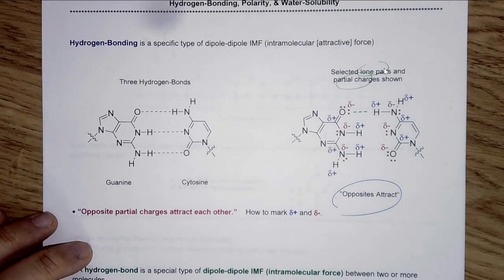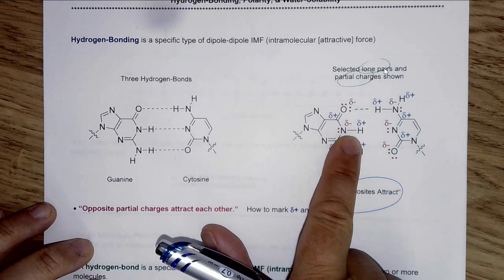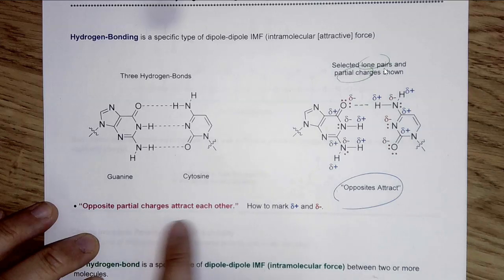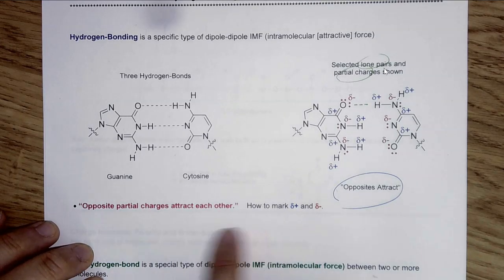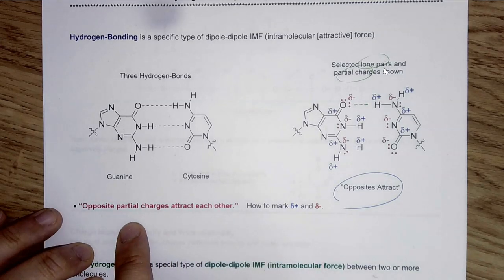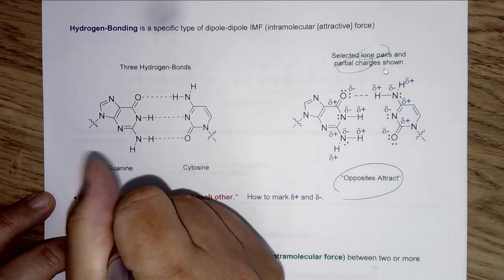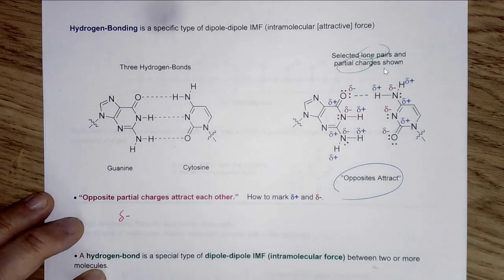Now, the skill to do something like this is pretty simple. We're going to mark the partial positives and partial negatives so we can find the opposites that are attracted to each other. Basically, the partial negative atoms will be the electronegative atoms.